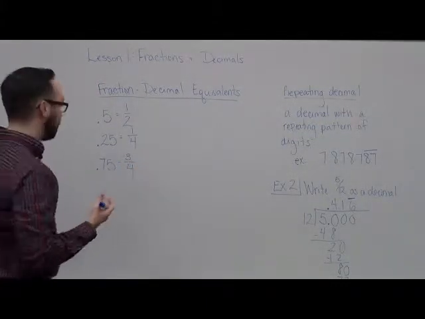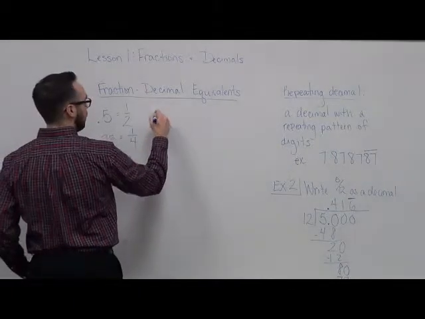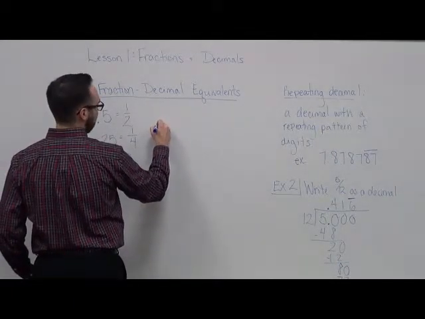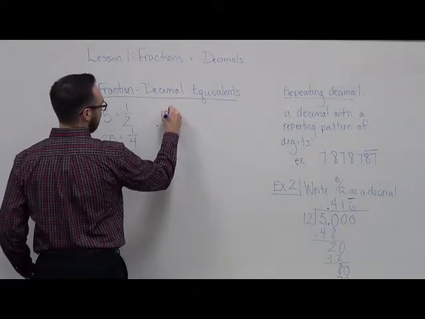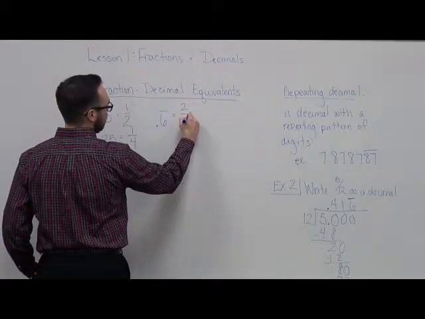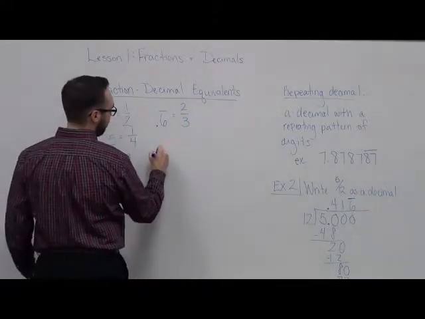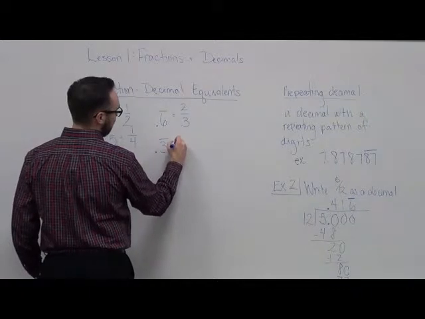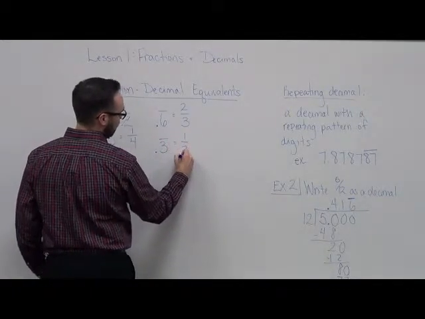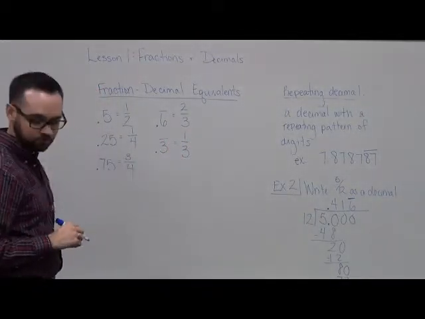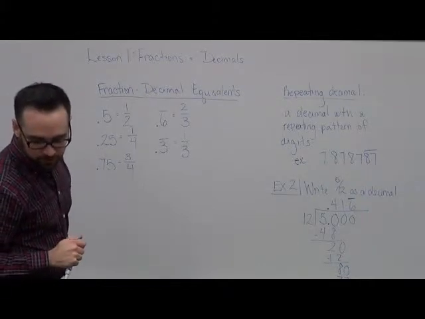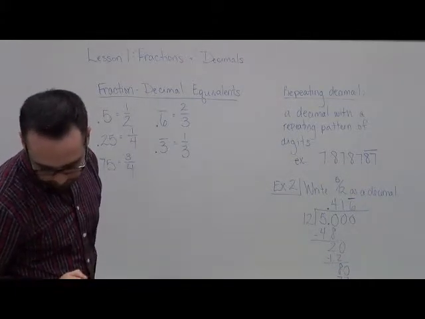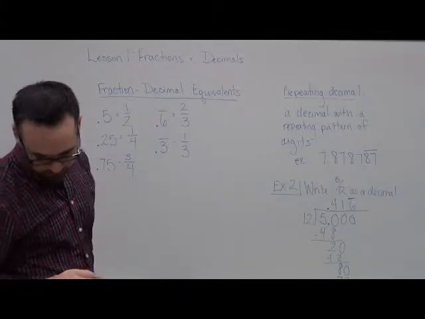There are some repeating ones that are decimals. So for instance, if I have 0.6 repeating, that's actually 2/3. 0.3 repeating is 1/3. Let's see, what are some other ones here?